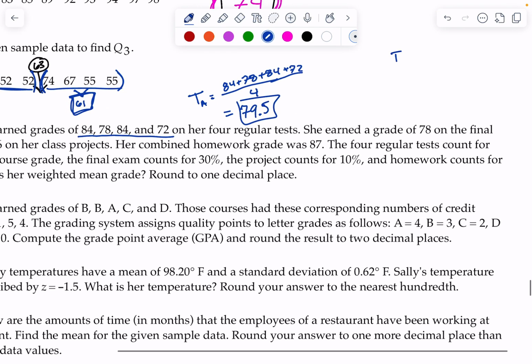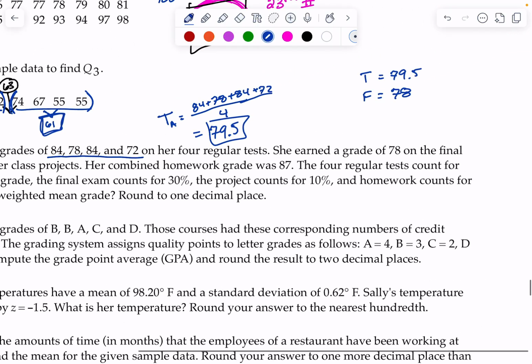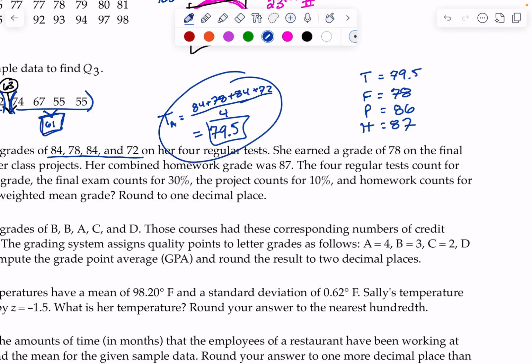So now my test grade is 79.5 and my final is a 78. She earned an 86 on her class project, and her homework grade was an 87. So they gave me the average for all the other ones, but for the tests they gave me individual scores, so I just needed to find the test average there.